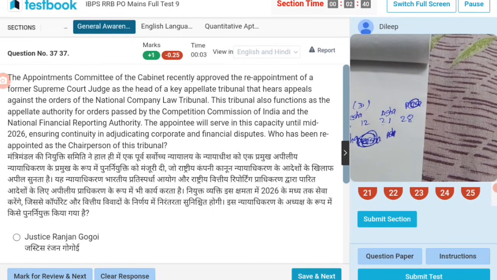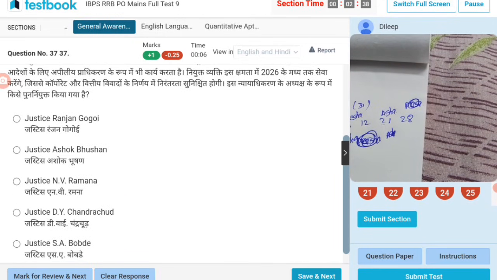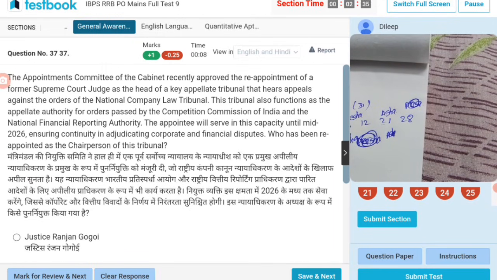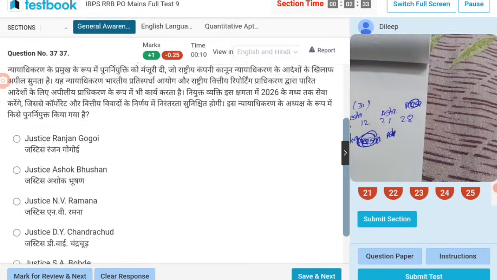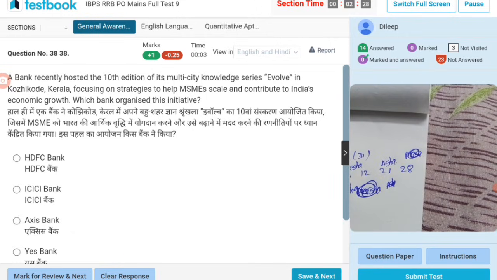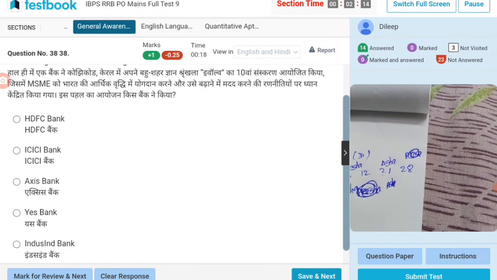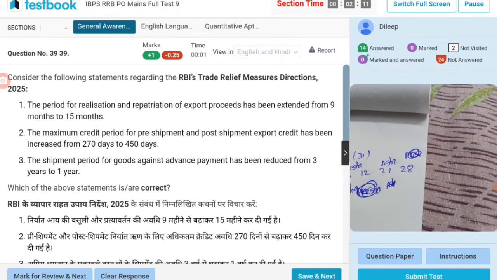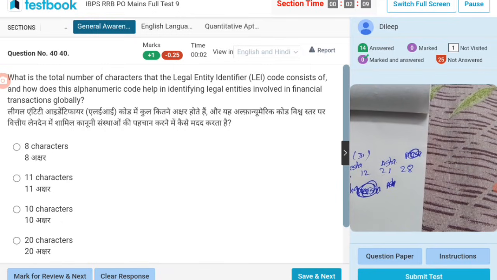Chairman of tribunal. A bank recently evolved. Legal entity identifier.